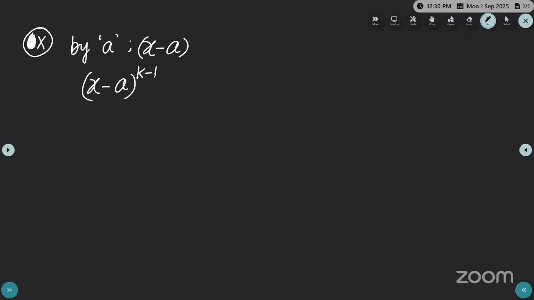Okay, this is about the factorization theorem. Next, write.